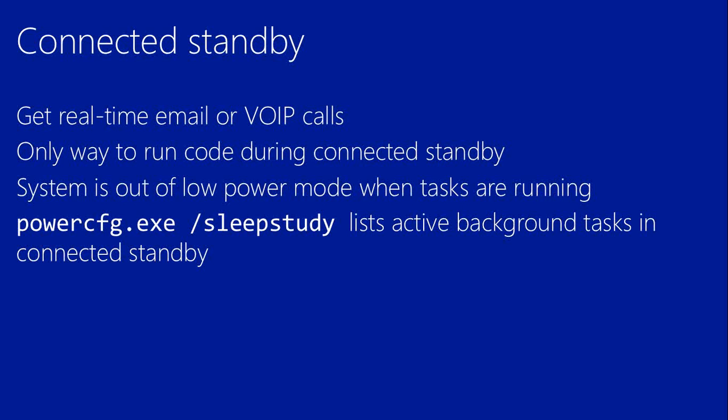If you want to understand which background tasks are running, what the list is, and what the active background tasks are in connected standby mode, there's a utility in System32, which is powercfg.exe /sleepstudy. You can go there and check out the list of active background tasks in the connected standby mode.